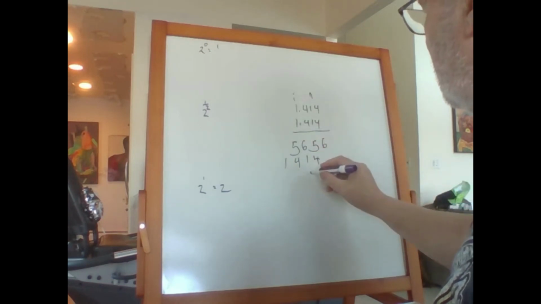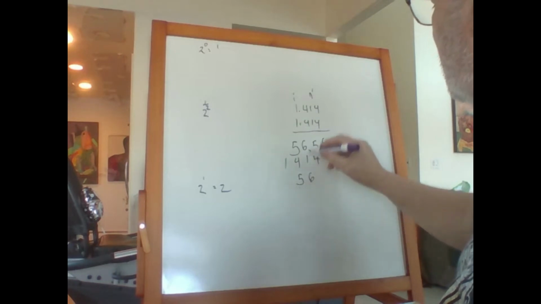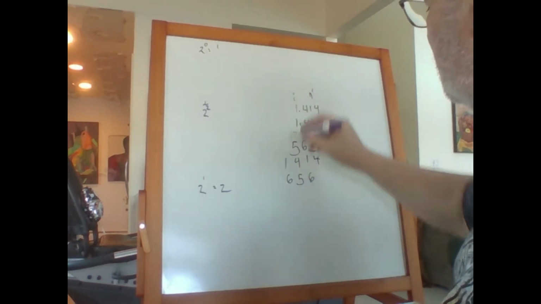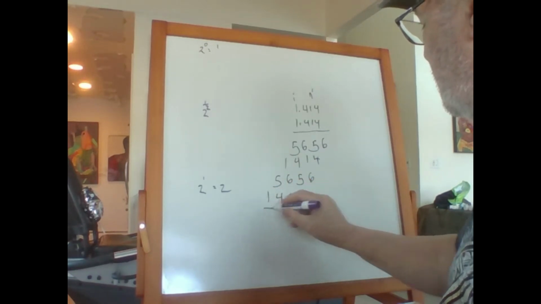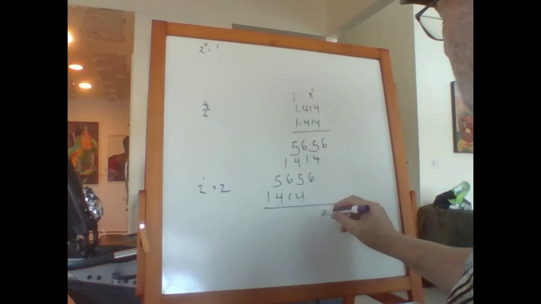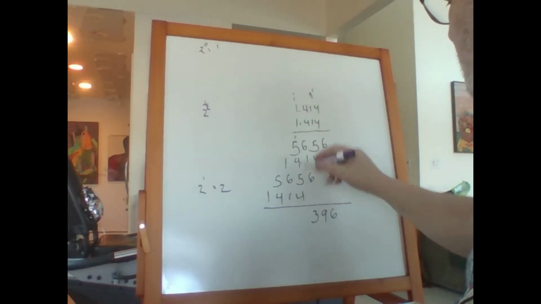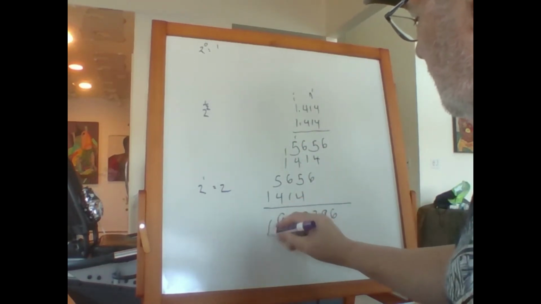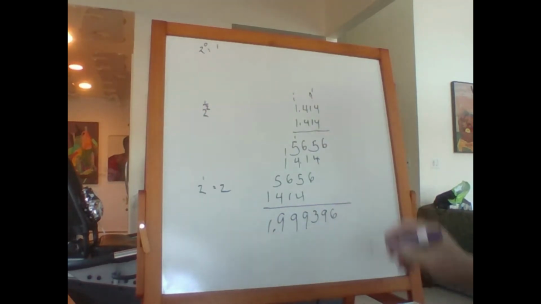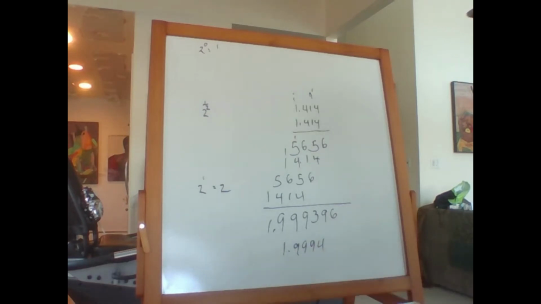And we got 6, 9, 12, 13, 10, 18, 19. This is 9, 9, 1. 1.99939. So this is 0.9994. When we round it, that's getting pretty close.